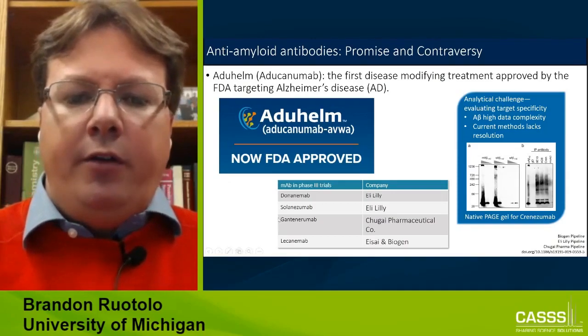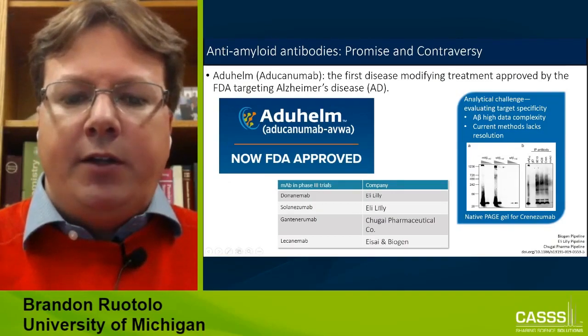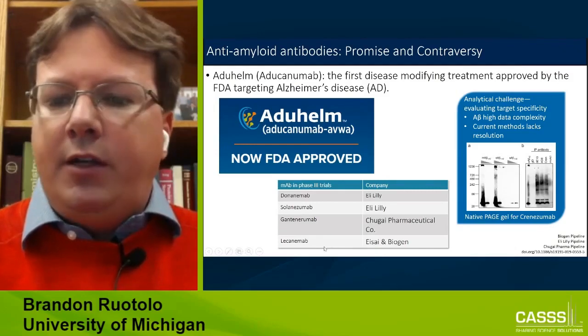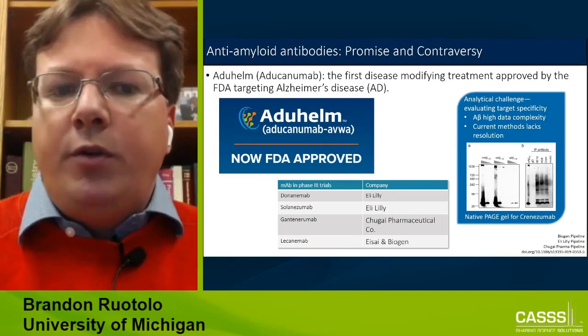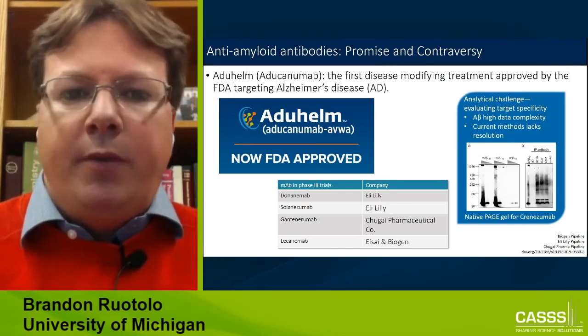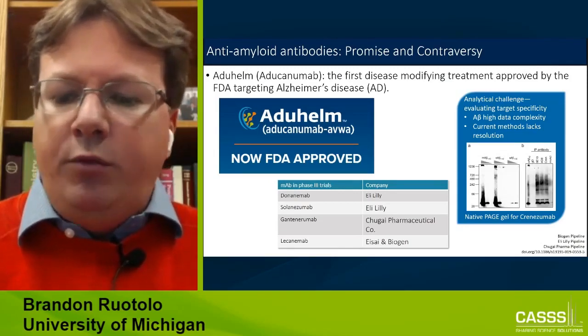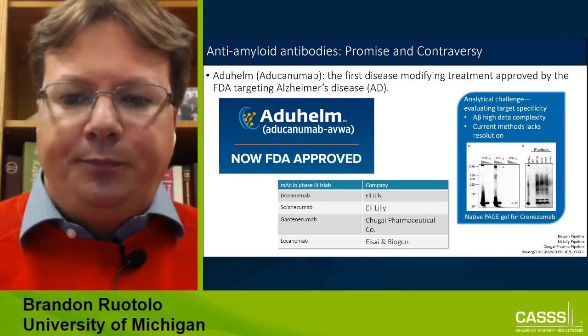And of course, there are a lot of other types of antibodies in this space under development. Here's a list at the bottom of the slide. So we feel like developing native mass spectrometry and ion mobility mass spectrometry tools that can assess these types of problems might be really useful for the field to consider as we move forward with these antibodies in the future.